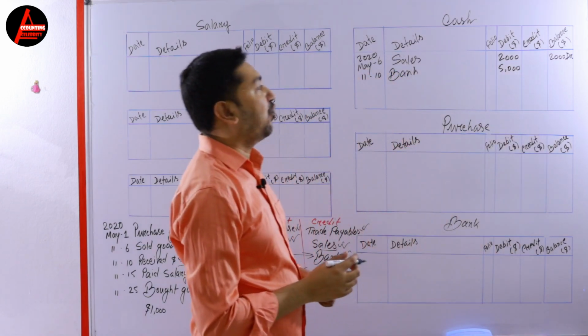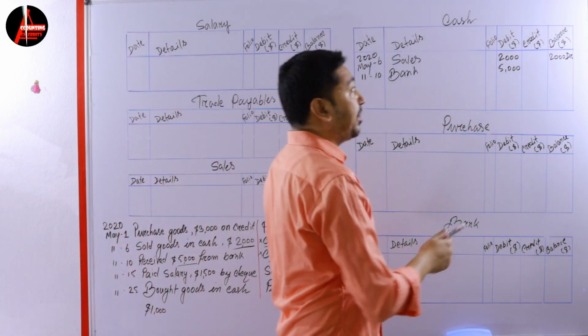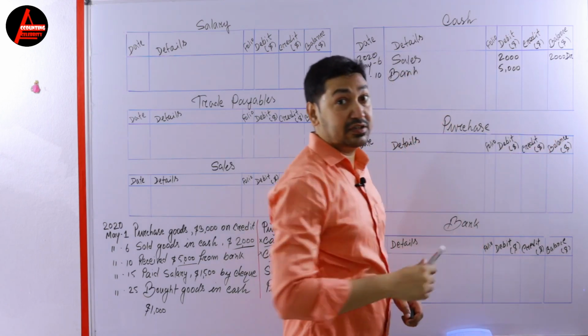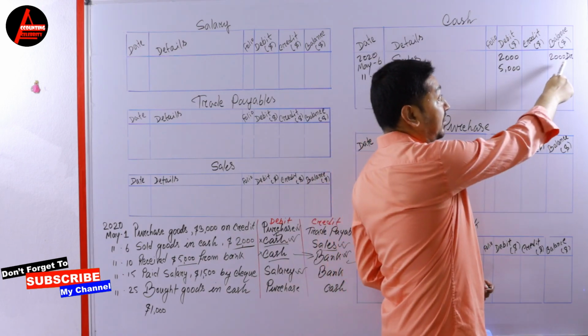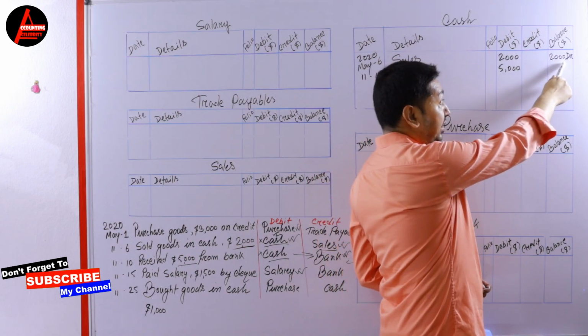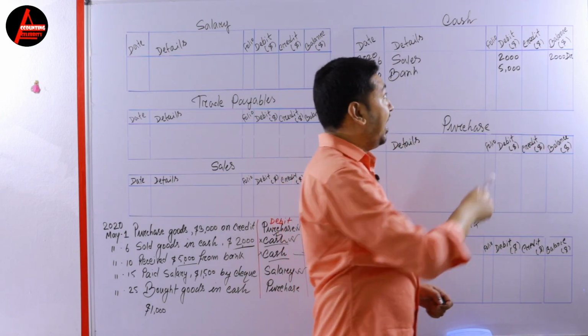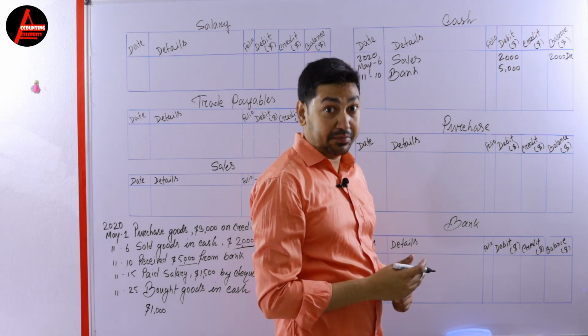Now what will be your balance? You have already balanced $2,000. Now again you have debit balance 5,000. So look at here, previous balance is here 2,000, which is debit balance, and again you receive balance in the debit column, that means again you receive debit balance.